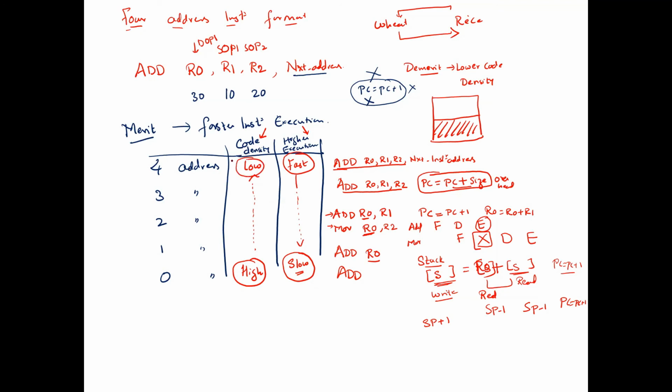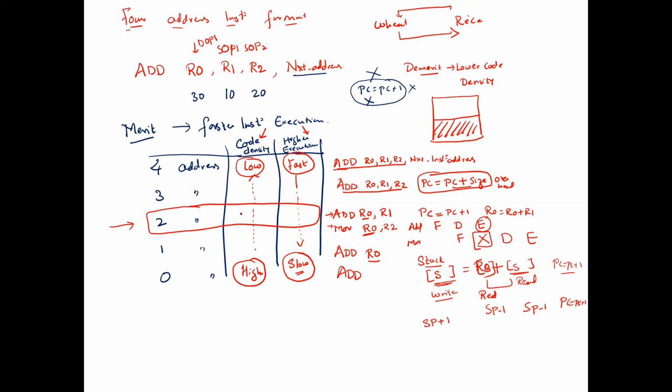Can anybody pick which address instruction format I need to choose among these 5? Most of the microcontrollers or processors will use the 2 address instruction format to compromise between code density and higher execution. Neither do I want to lose code density, nor do I want to compromise on high speed execution.